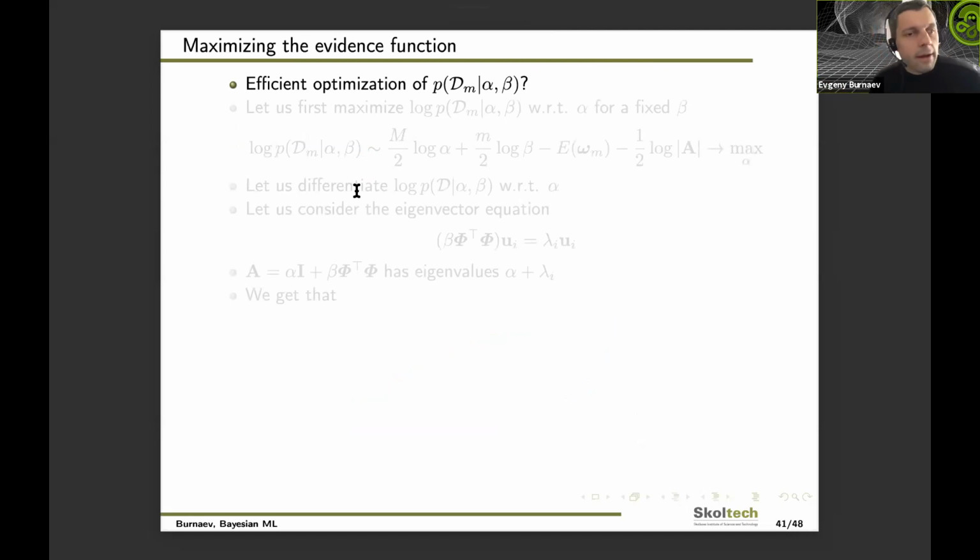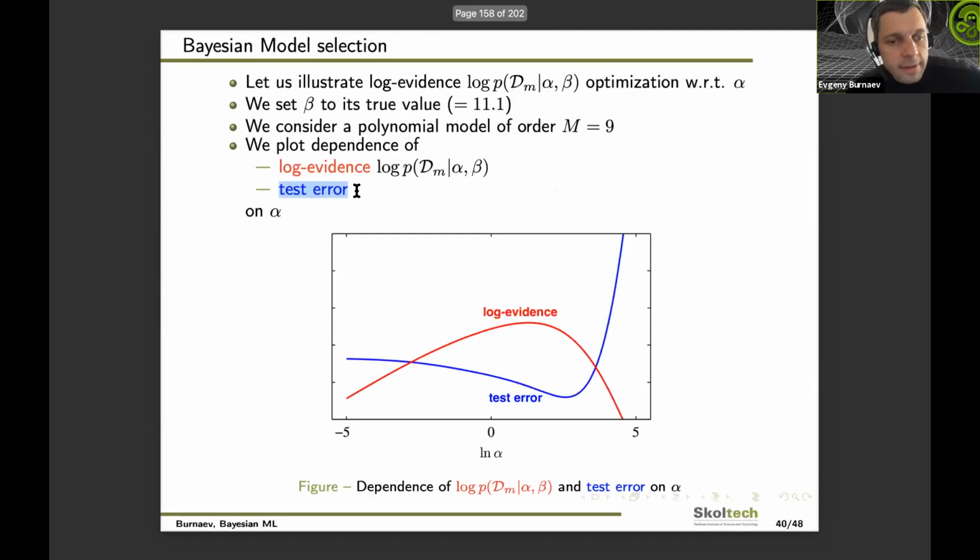Okay, that's it, guys. There are still 8 slides. On these 8 slides, there is an algorithm for how we can optimize log evidence with respect to parameters alpha and beta. The algorithm is quite technical.